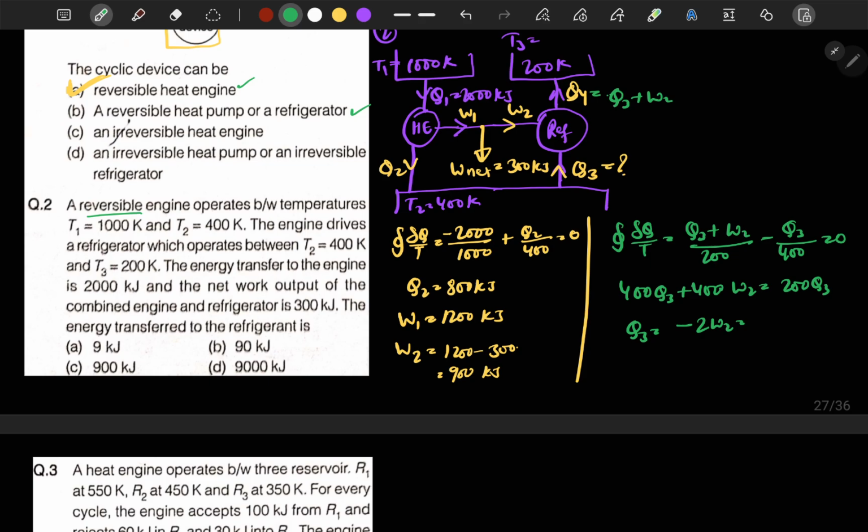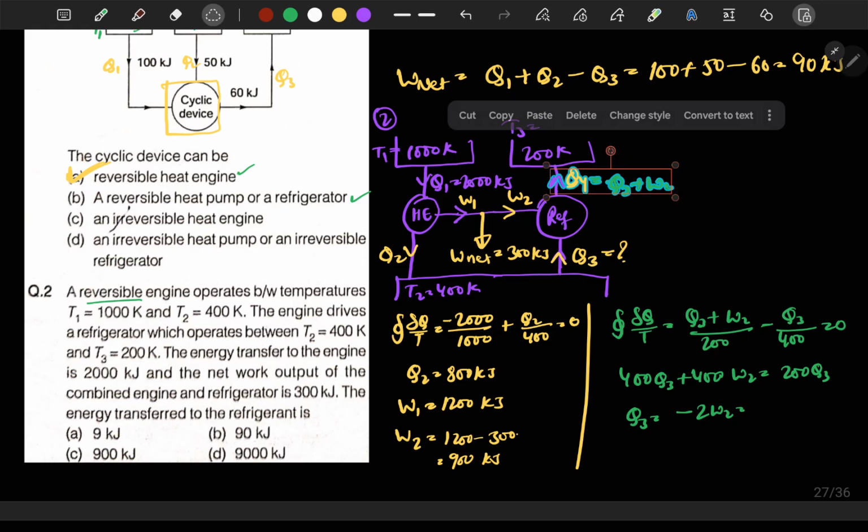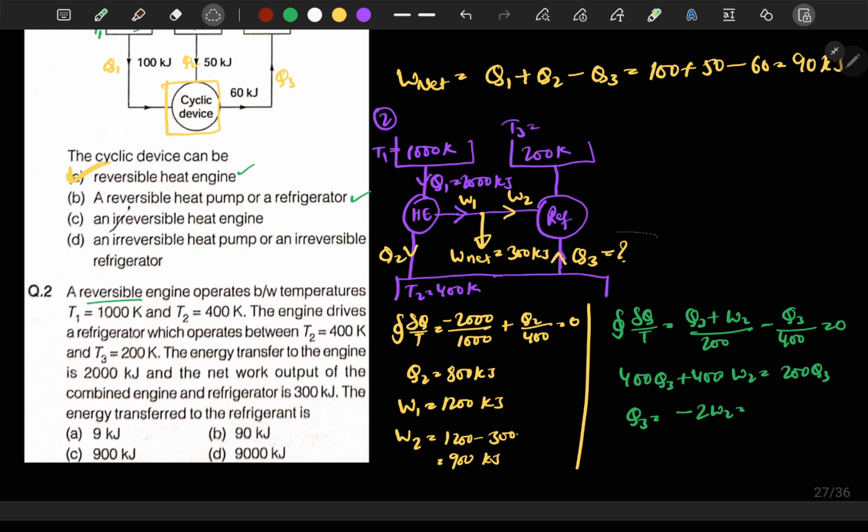Sorry for the misconception here. For refrigeration, the heat is drawn from the lower temperature, so I made some mistake here; let me correct it first.